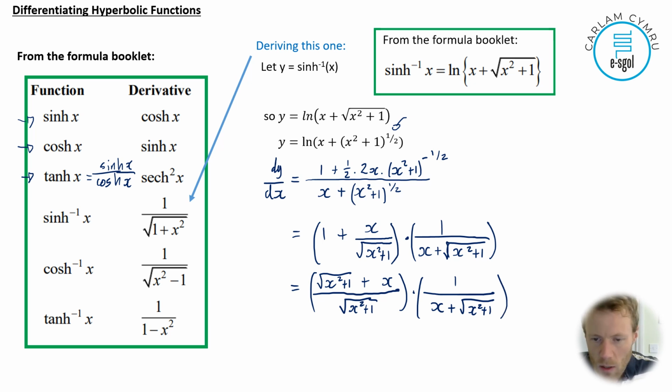And then it looks like we've got some cancelling because the denominator here and the numerator here cancel each other off. So this leaves us with 1 over the square root of 1 plus x squared, which is given in the formula book. But you may need to be able to derive it, and that's how we get there.